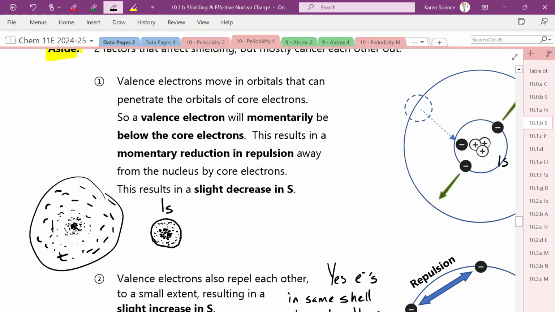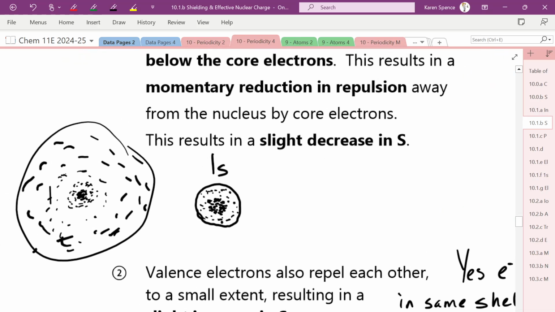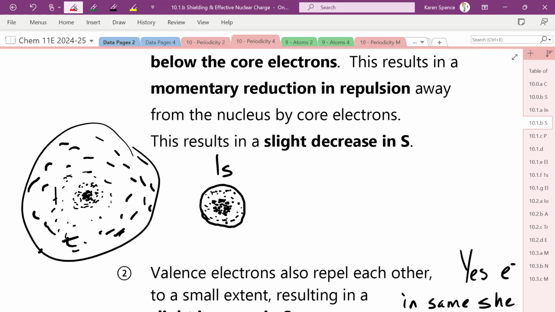And now it gets really irritating to draw because there's so many dots and so much space. Yes? But the moral of the story is my nucleus is here. Yes? And my nucleus is here. And sometimes my 1s electrons might be further from the nucleus than my 2s electron. Yeah? Did that kind of make sense?